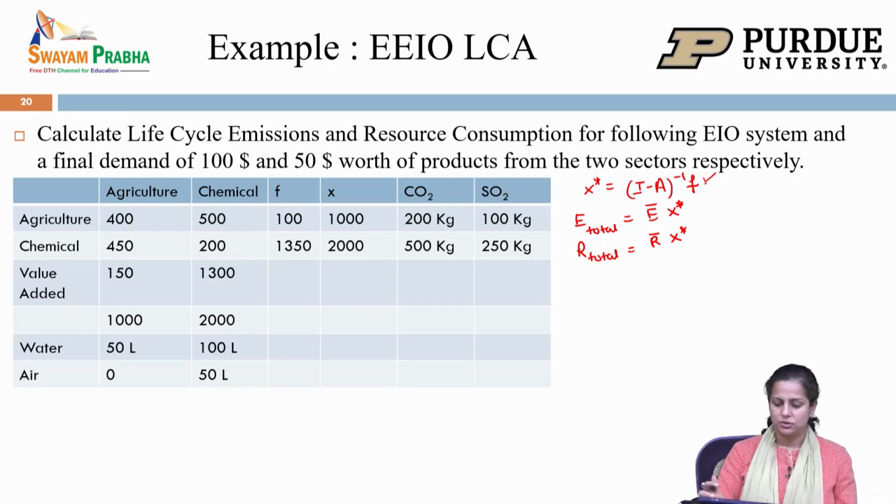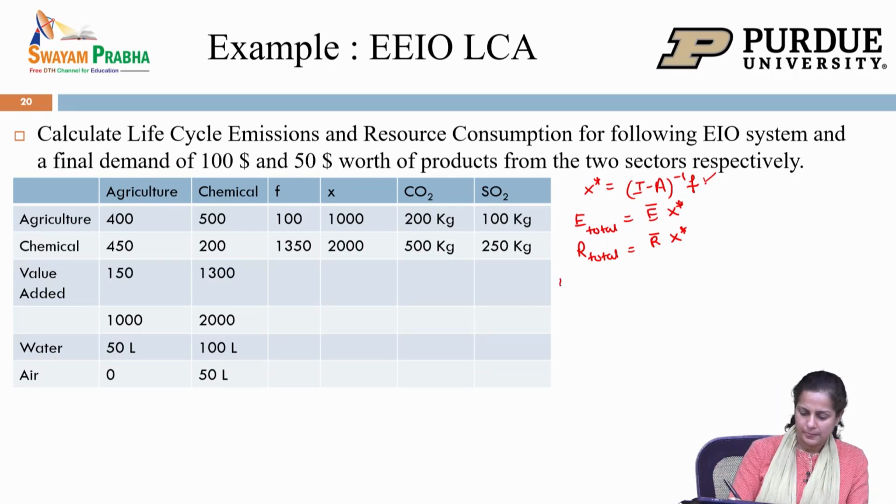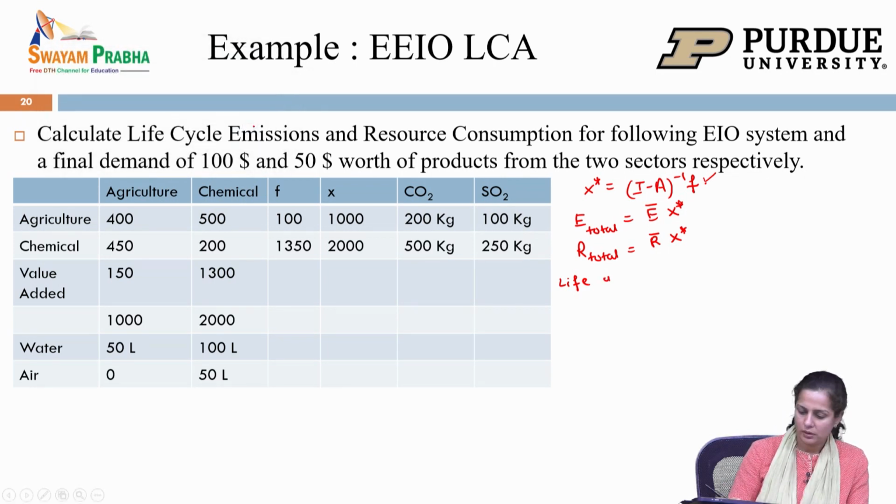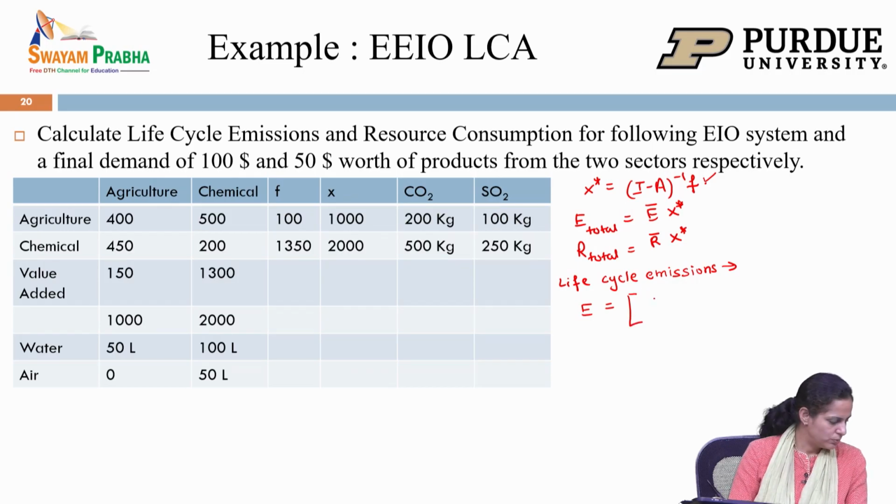So, the life cycle emissions will be equal to E bar. Our E bar we already calculated as 0.20 and 0.25, 0.1 and 0.125.